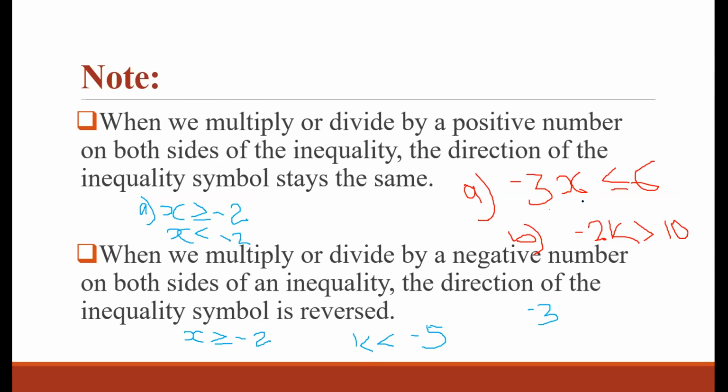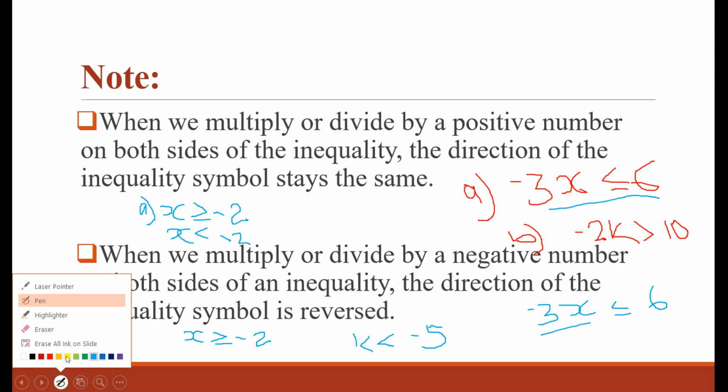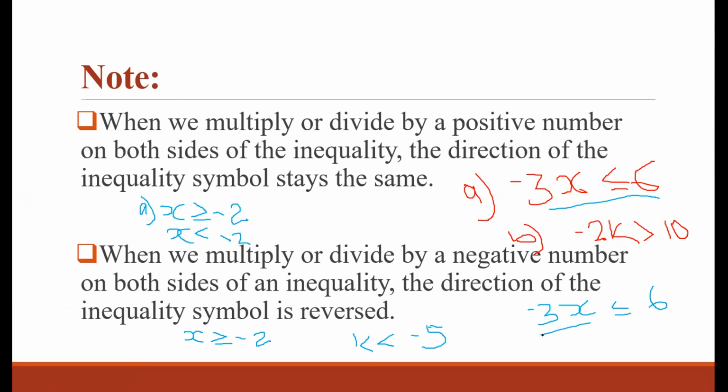So what happens for this inequality here is that we divide it through. -3x is less or equal to 6. So what we do, we divide it through by -3, because I want to make X the subject.